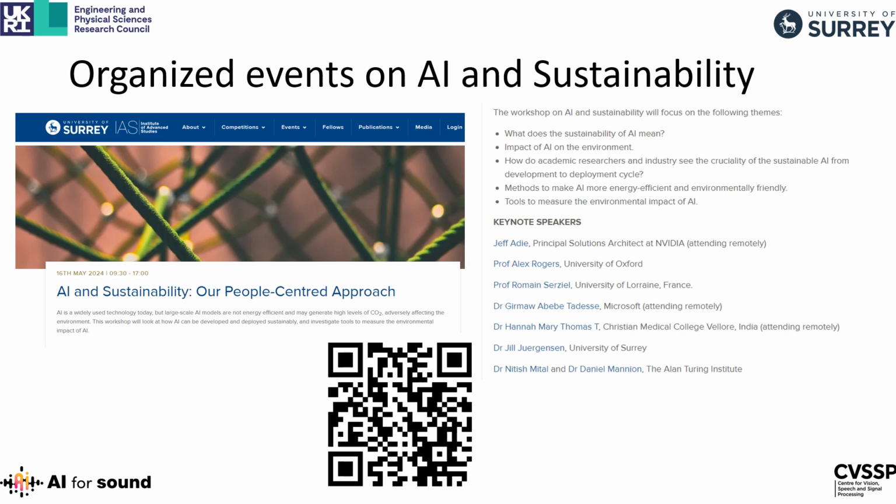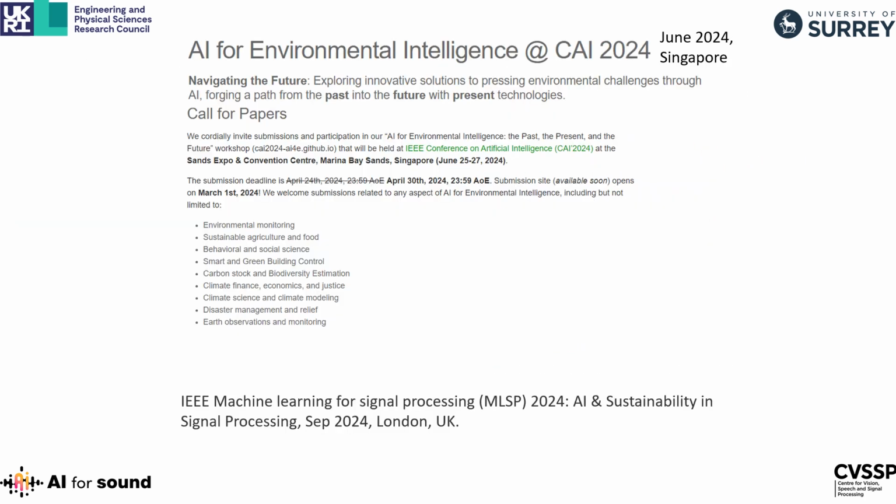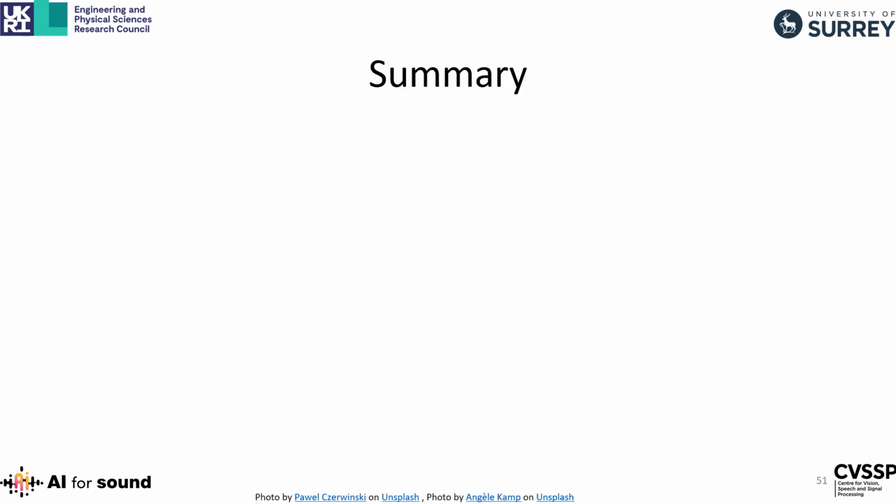We have organized a workshop with industrial people, researchers, and academic people to get more understanding of this topic, right? For example, contributing to, participating in, or organizing special sessions in various reputed workshops is key to making people aware and getting them together.